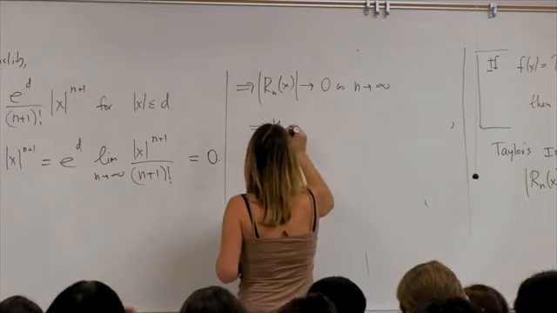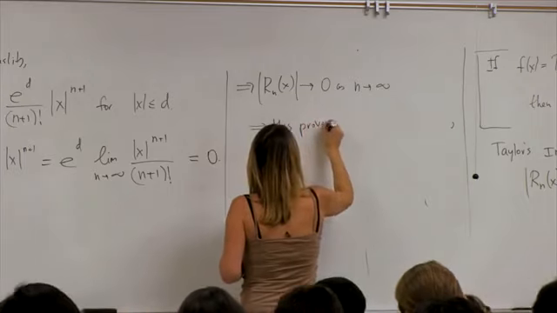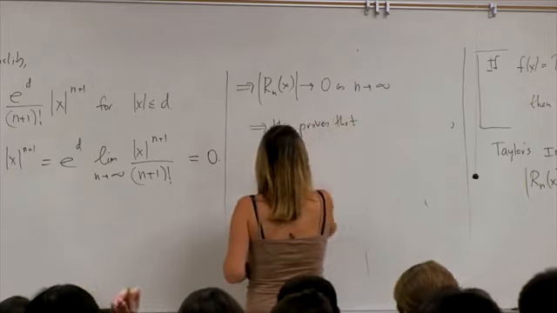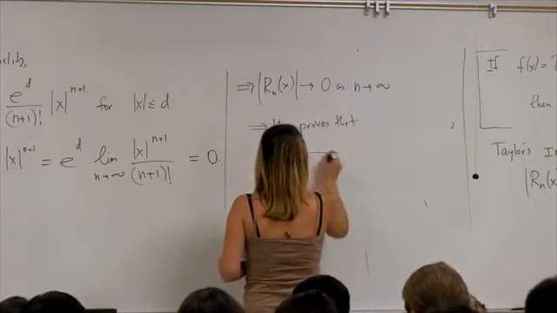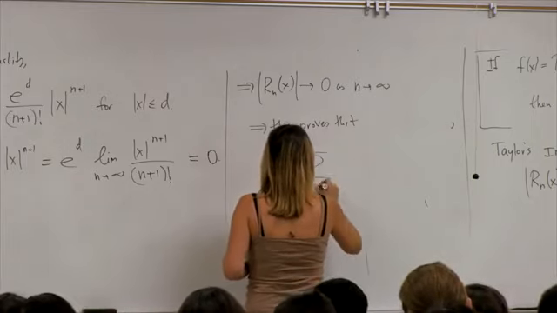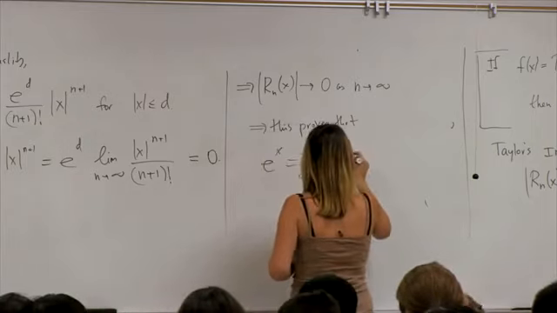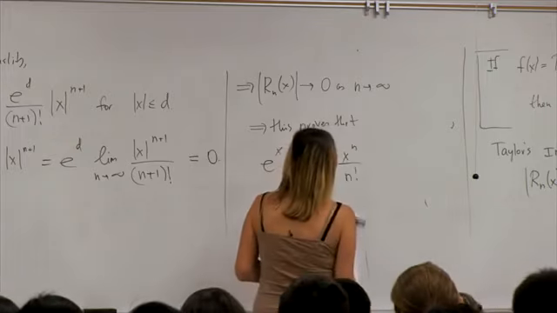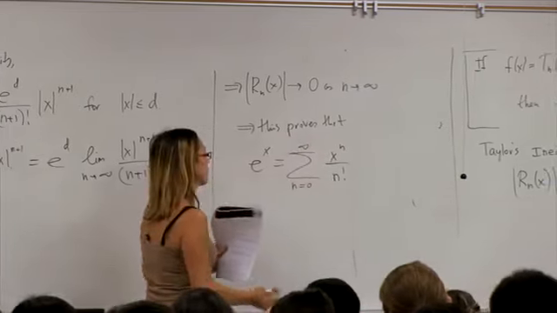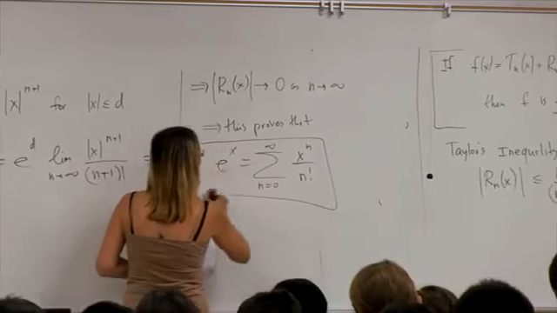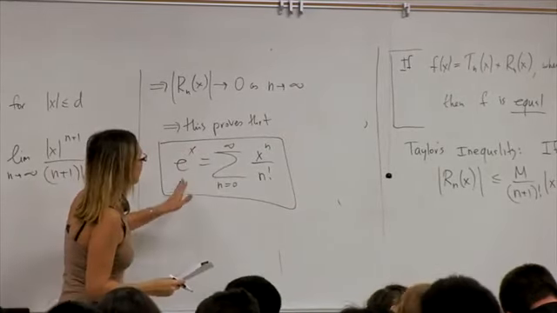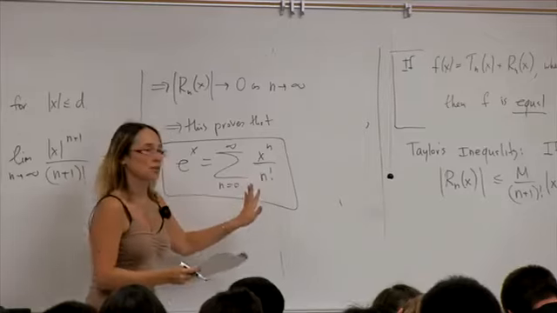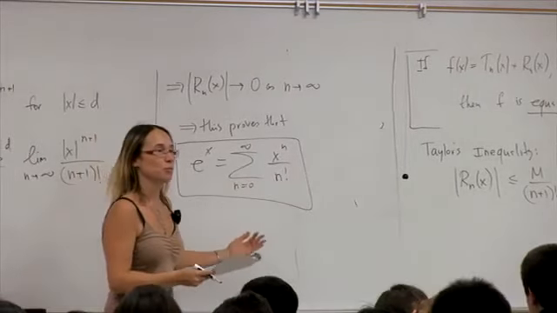So this proves that e to the x is equal to its Maclaurin expansion. Okay. So this is a famous formula, and it allows many calculations that otherwise would be impossible.